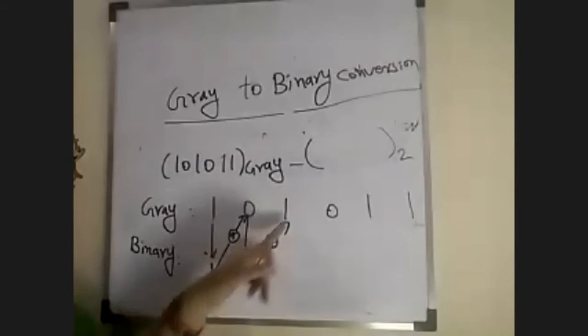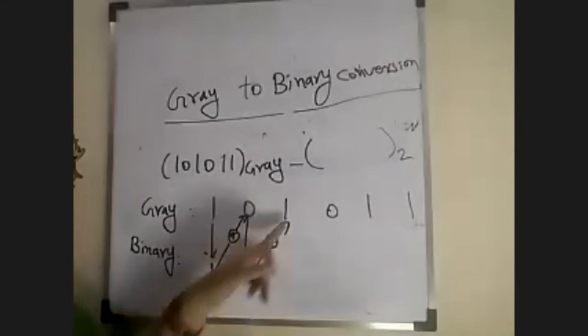So 1 exclusive OR 0 until all gray code bits have been exclusive ORed with binary digits, right? Next, this is the input and one more input is this. 1 exclusive OR 1, the output will be 0.